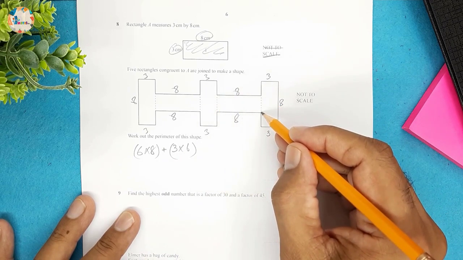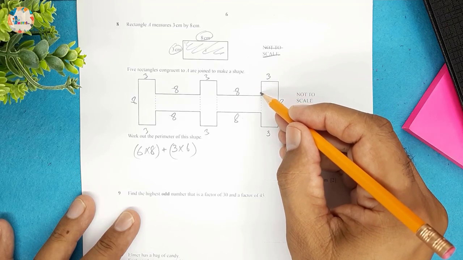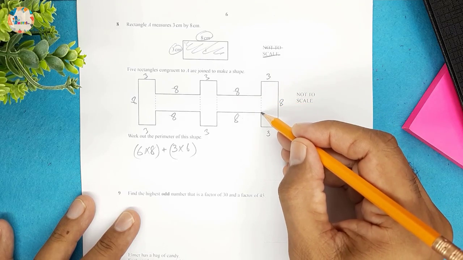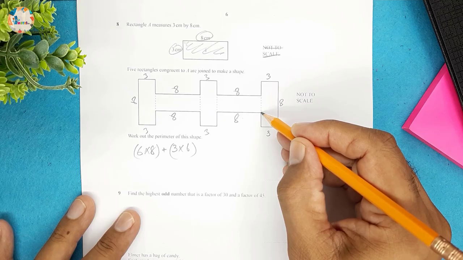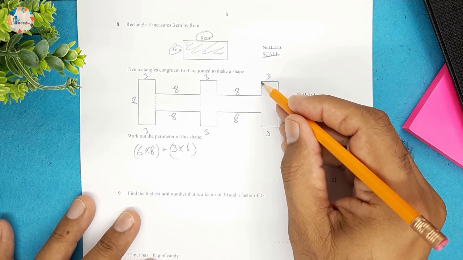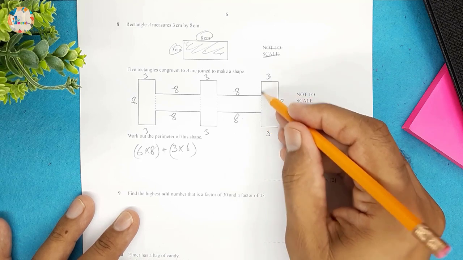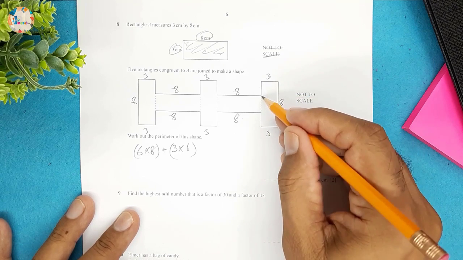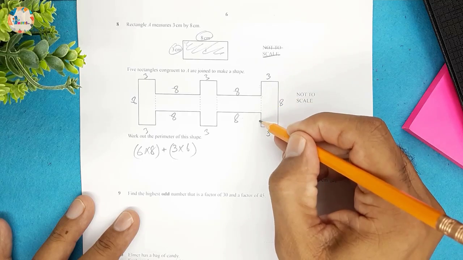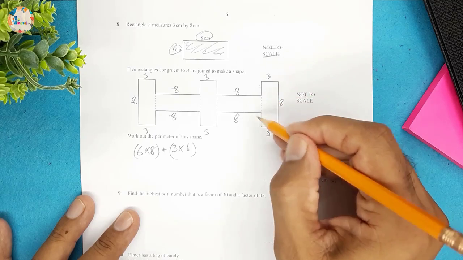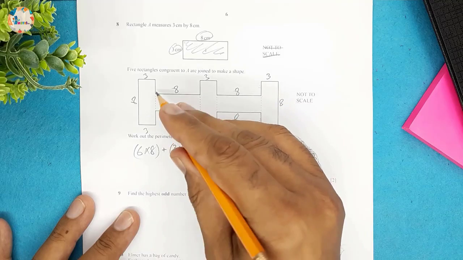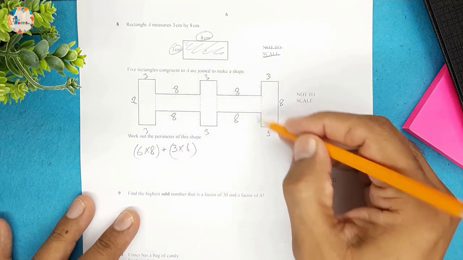The remaining portion of this one is basically a rectangle. So this is 3, and this will be 2.5 and 2.5 basically, because total is 8. Out of 8, 3 is gone, so remaining will be 5. So we can write this as 5, 5, 5 and 5, so 4 times 5.